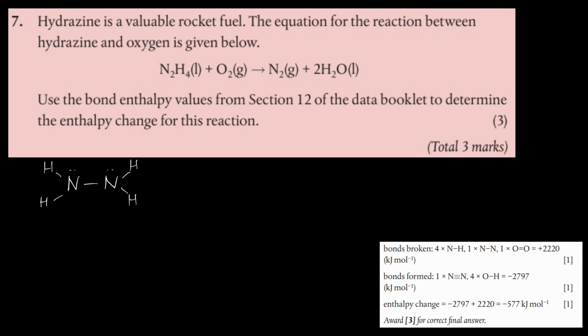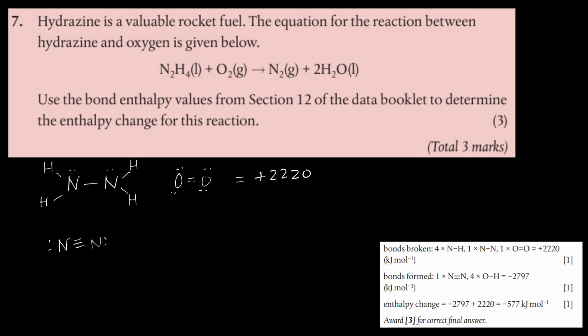So if we're looking at that, and then we're also looking at our O2 molecule, if we add up all of the bond enthalpies from these 2 molecules, that's going to give us positive 2,220.